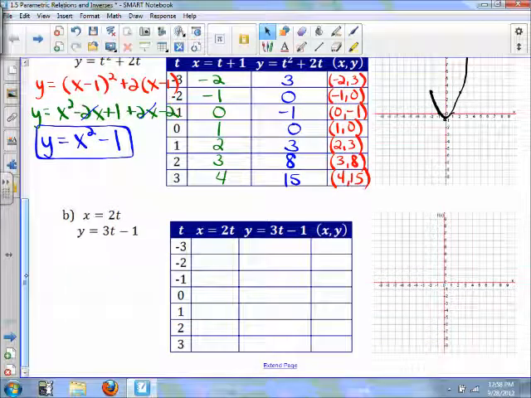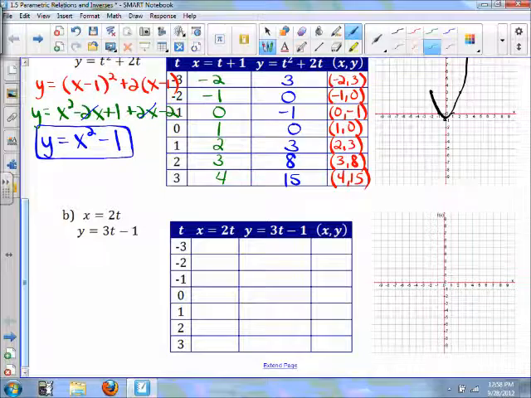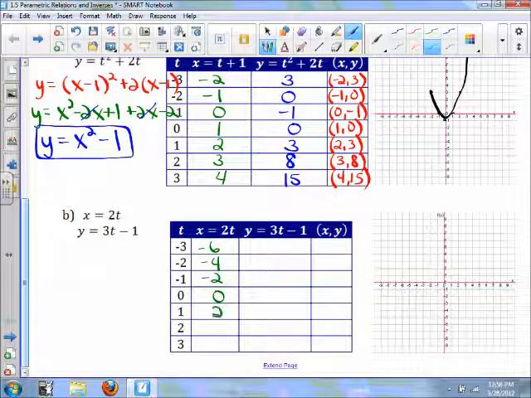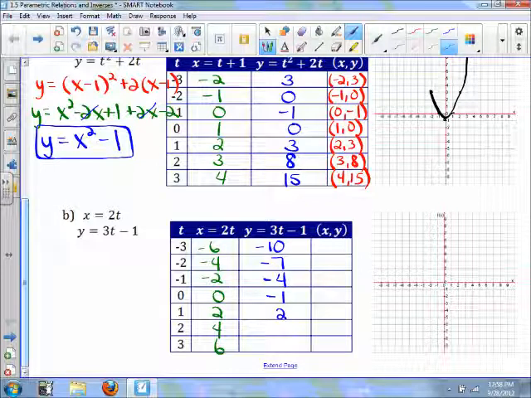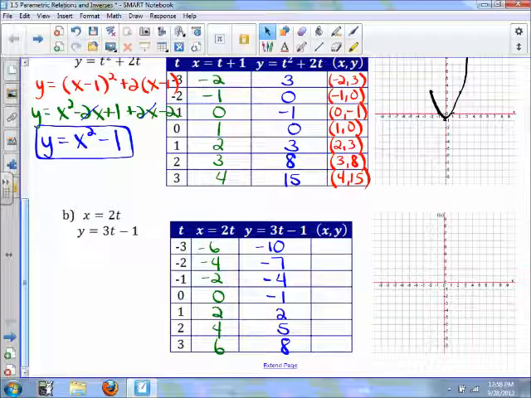Moving on to b. When you put -3 in here, we'll get -6, then -4, -2, 0, 2, 4, 6. And then 3t minus 1, we'll have -10. We'll have -7, -4, -1, 2, 5, and 8.